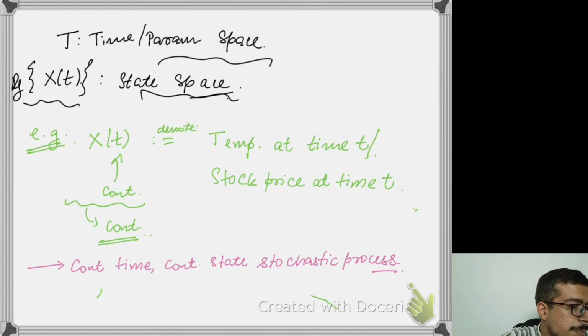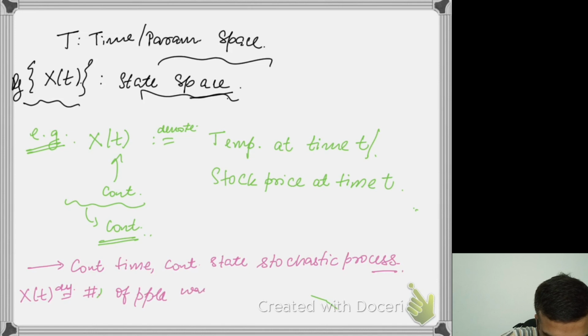Another example: let Xt denote the number of people waiting in a queue at time t. We see that the range of Xt here is discrete. So this is a discrete space, continuous time stochastic process.